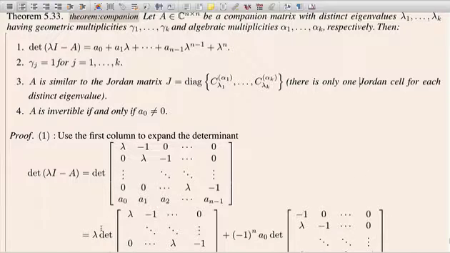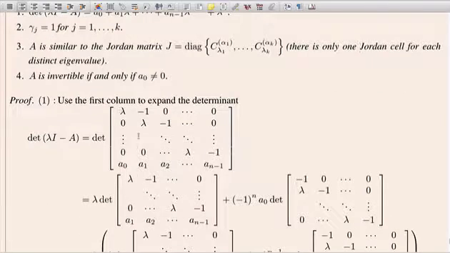So we have lambda here. And then if you remove the first column and the first row, we end up with this submatrix minor: lambda, minus 1, then 0, and down we have A1, A2, ..., A n minus 1, then a bunch of zeros, and the last one is A0. And starting with plus, then minus, then plus. So this is the nth row, we get minus 1 to the n.